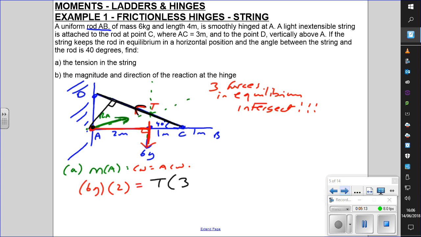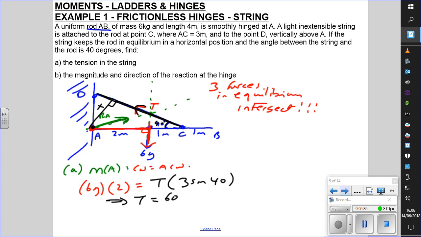hypotenuse is 3, the distance x I'm looking for is opposite 40, so it must be sine, right? So hypotenuse sine 40, which means T must be 6g times 2 divided by that. So 6 times 9.8 times 2 divided by 3 sine 40.